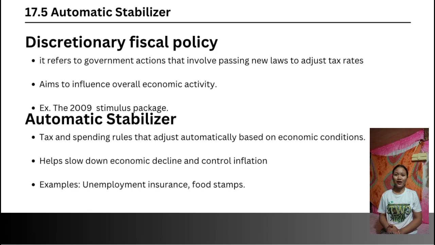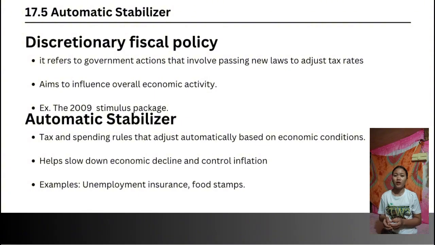Let us now move on to the next slides where I will discuss discretionary fiscal policy and automatic stabilizers. Discretionary fiscal policy refers to government actions that require passing new laws to adjust tax rates or government spending. The purpose of this policy is to influence the economy intentionally, especially during recessions or inflation.